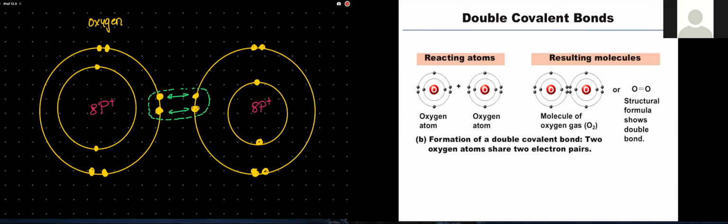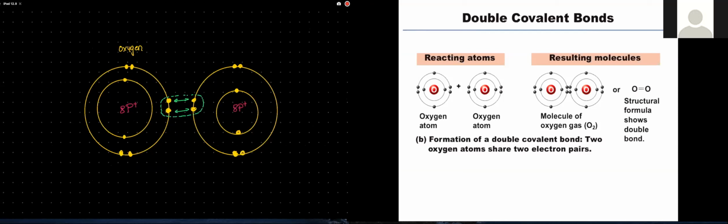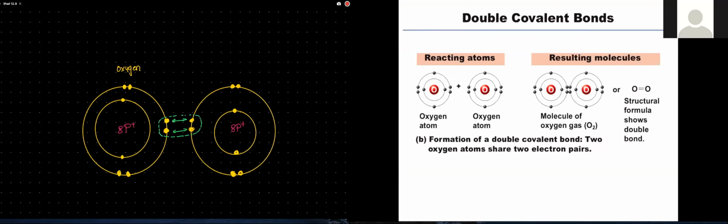All right, so here I'm sharing 2 pairs of electrons. What do we call the chemical bonds that will be formed by sharing electrons? It's my covalent, exactly, covalent bond. And here, am I sharing a single pair of electrons or 2 pairs of electrons? 2 pairs of electrons.